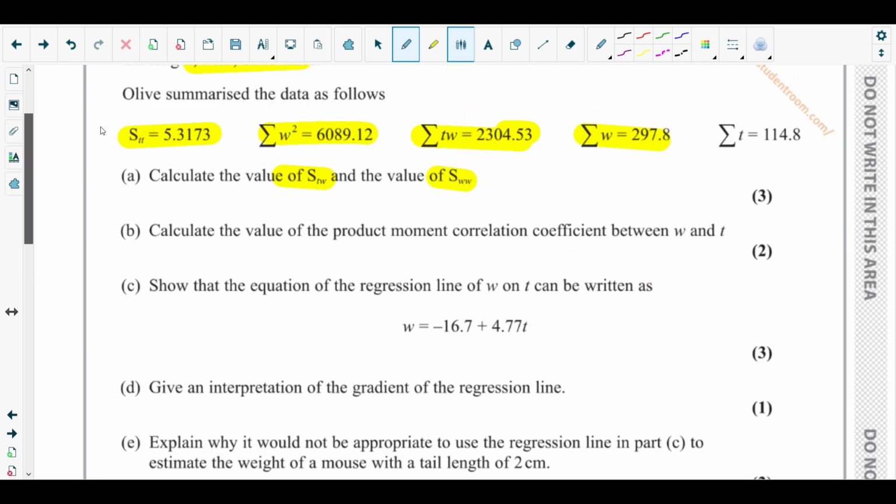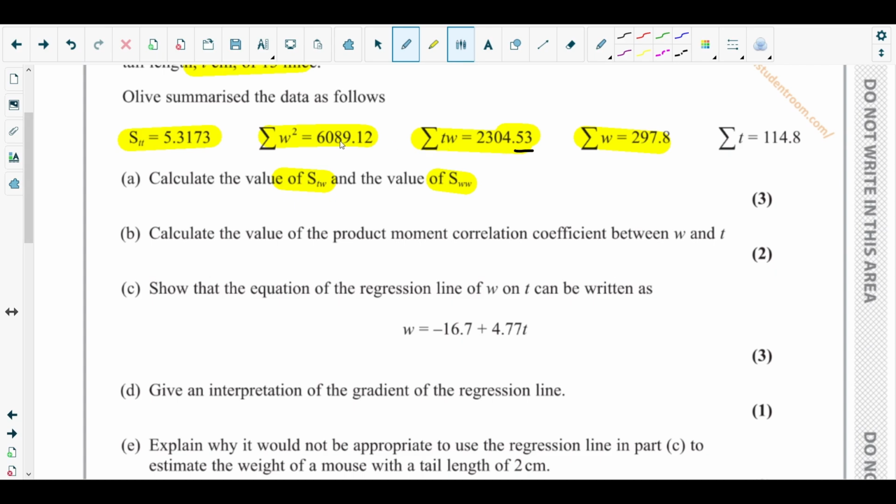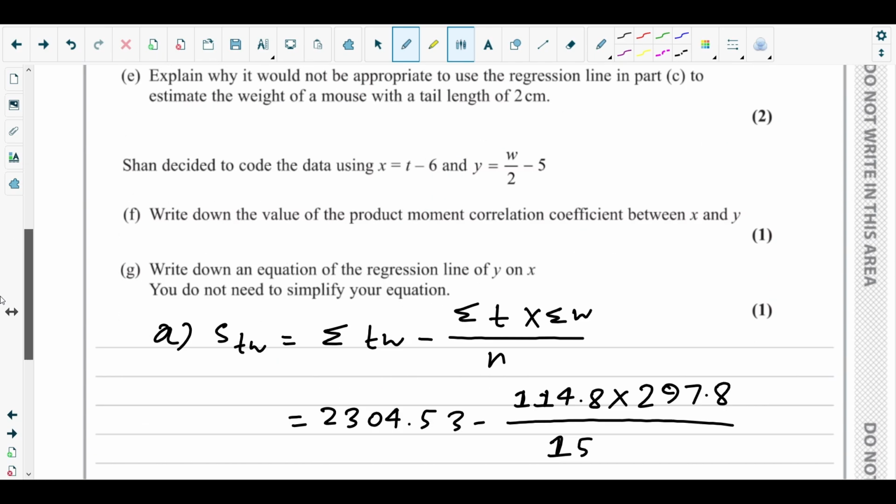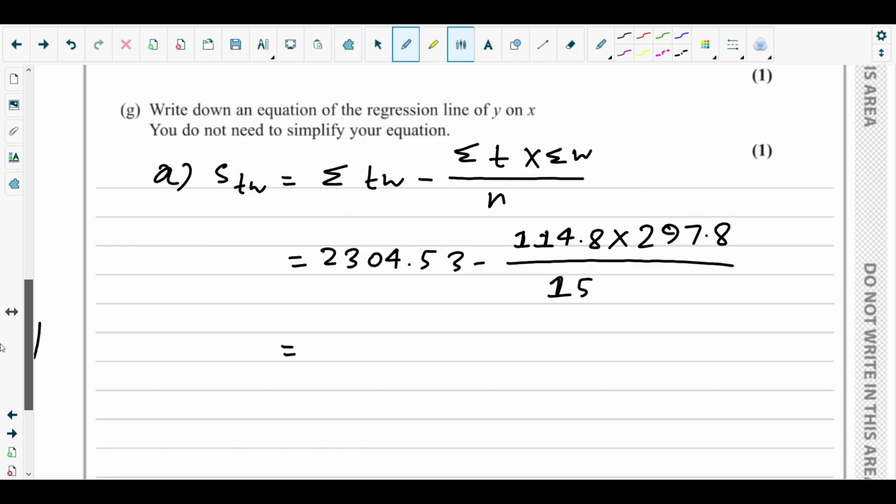They took up to 2 decimal places, but since they didn't mention anything, we can give the answer to at least 1 decimal place, that is 25.4. 25.4 is the value of S of TW, to 1 decimal place.